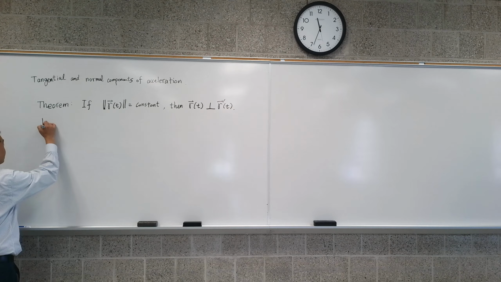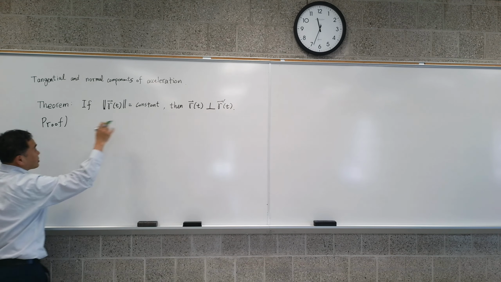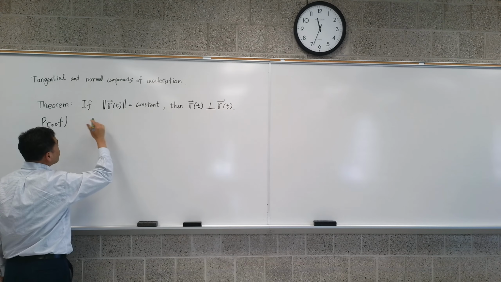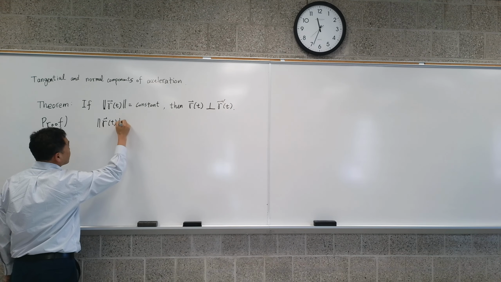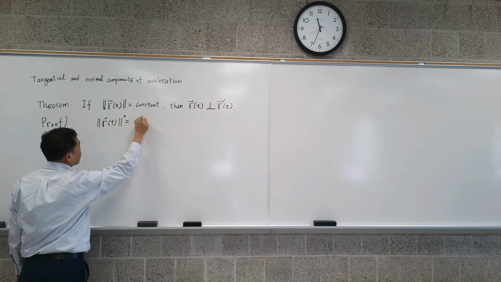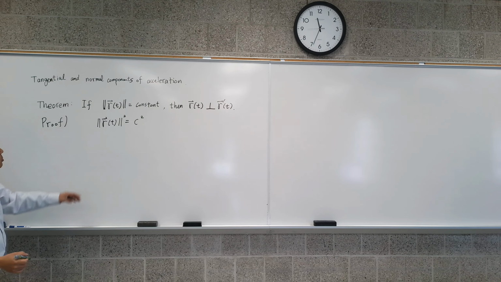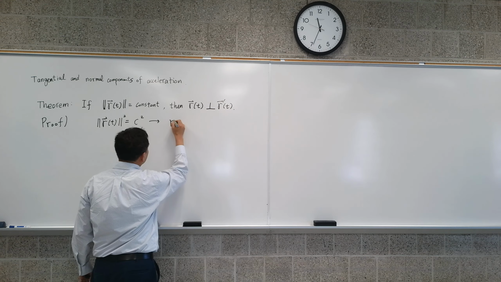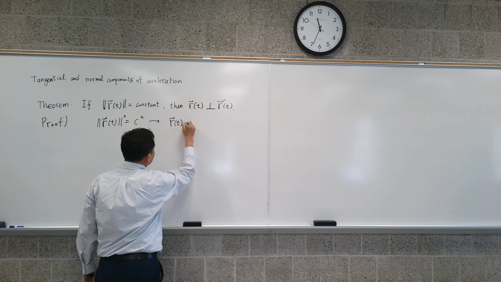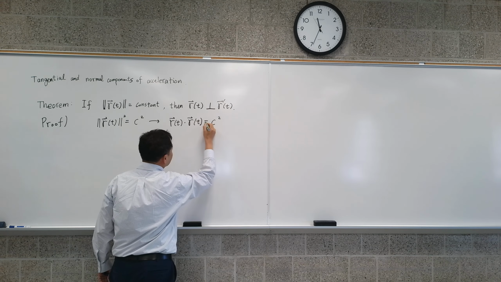And the proof is the following. Let's just say that constant is c, which means the norm squared will be c squared, some constant. And then you can rewrite this norm squared as the dot product of the vector with itself.